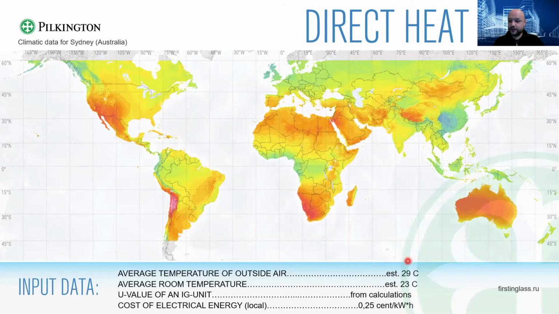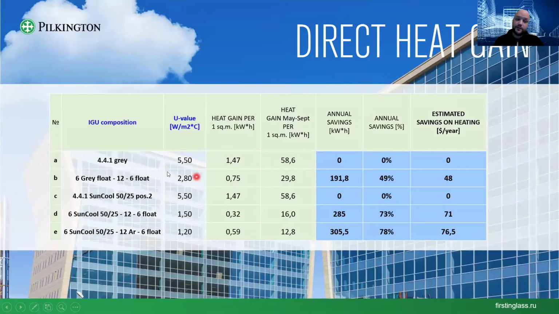So the average temperature is around 29 degrees, but of course in the summer it is more. But I took the pessimistic approach. Air conditioning cost is the same, and here we will be looking at the U value. So the U value of a laminated glass is very bad. And mind you, the U value has been specially calculated for the same temperature difference we will be looking at, so these numbers are quite different from standard U value calculations.